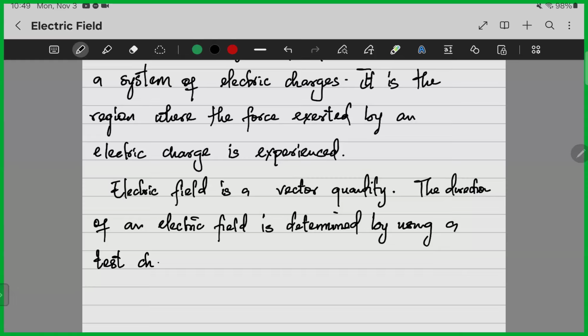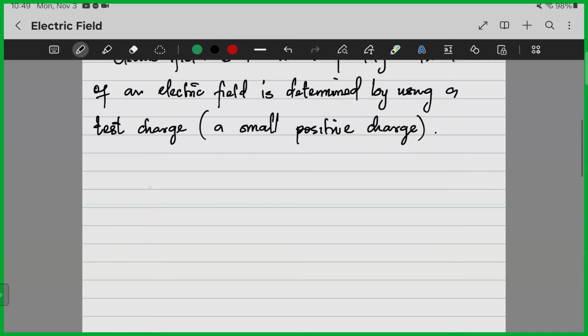A test charge is normally a small positive charge. So keep that in mind, a small positive charge. So that's normally the test charge as it relates to electric fields. In this class, we're not wasting time, we're just hitting the nail on the head. The next subtopic is fundamental law of electrostatics.